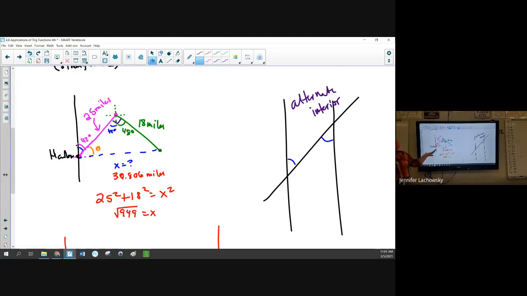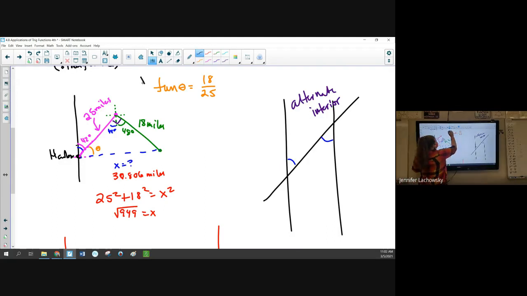But going ahead and just using the numbers that they gave us, this is opposite to that angle and that's adjacent. So we just use tangent. Cool? So I could say tangent of theta equals whatever what? 18 over 25? Okay, so now what do I do? There you go.